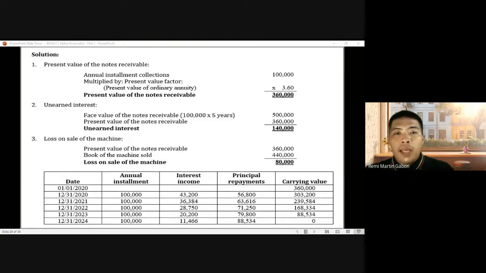The other way is 360,000 minus, how much do we subtract from 360,000? Correct, 56,800. Very good.